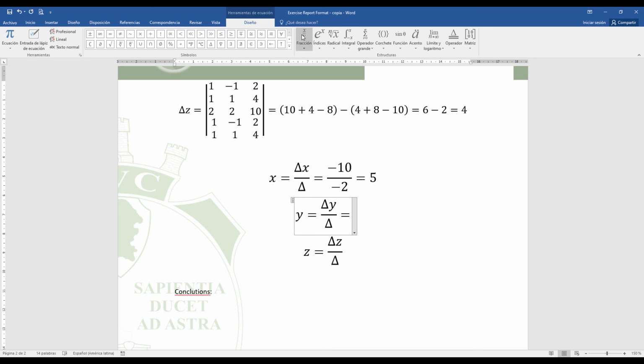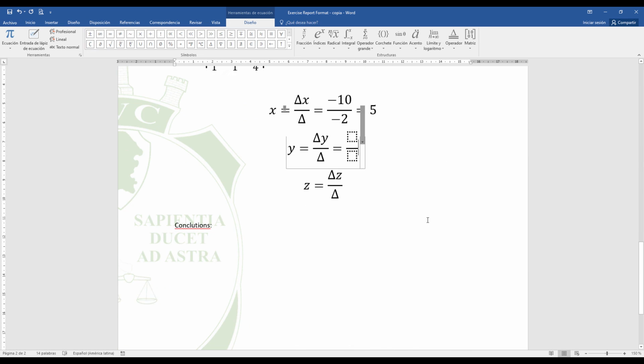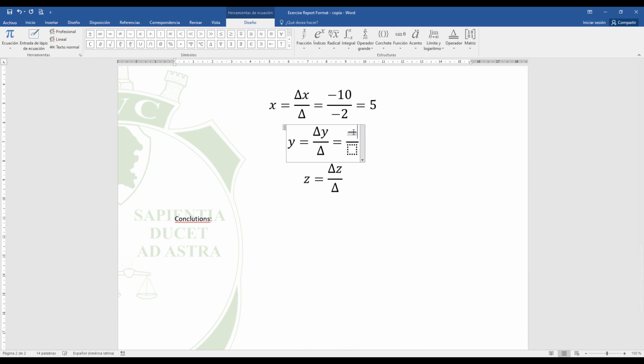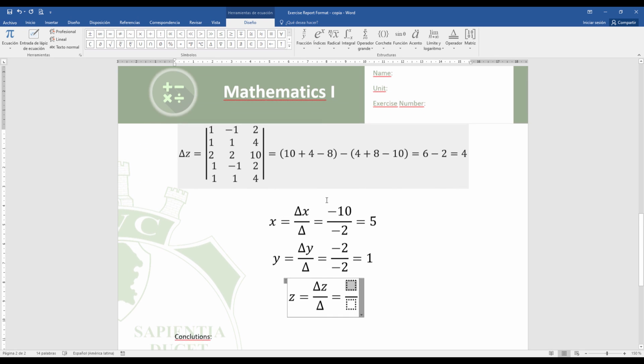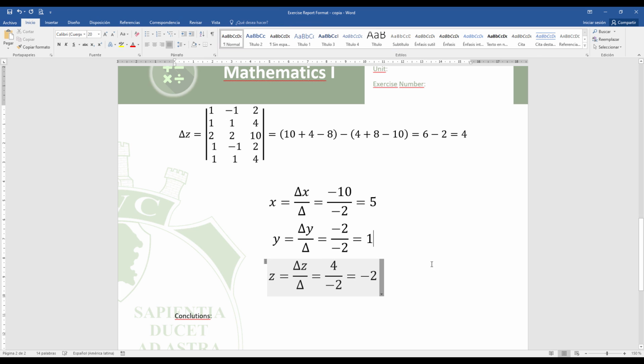Delta y is minus 2 divided by minus 2, which equals 1. And delta z is 4 divided by minus 2, which equals minus 2.